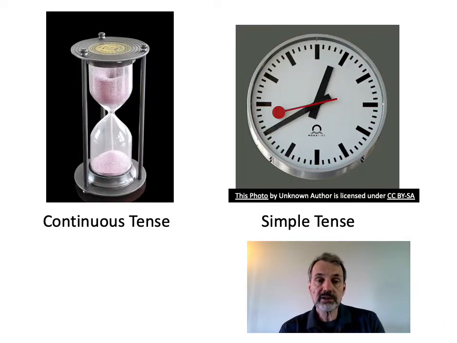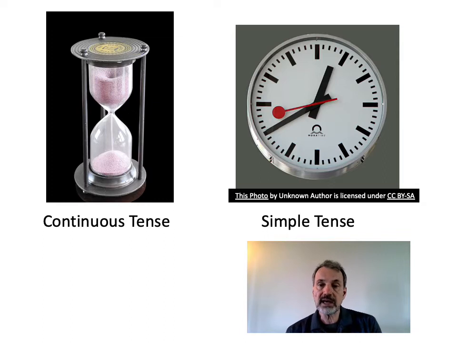Now, when you're trying to learn something new, sometimes it's helpful to compare things. So, let's compare the simple tense in English with the continuous tense, which is sometimes called the progressive tense. Actions in the continuous tense are like a sand clock. With a sand clock, you turn the clock over and start the time.